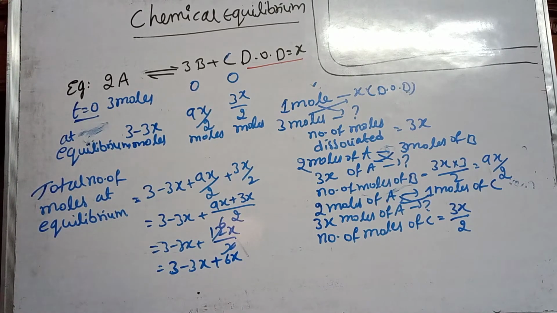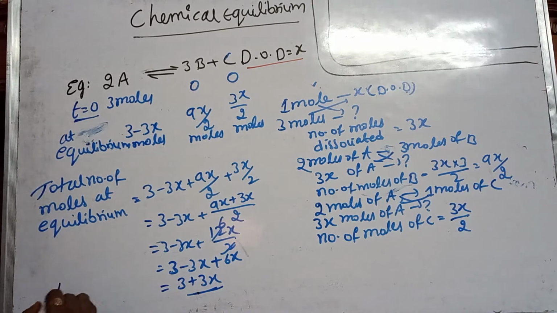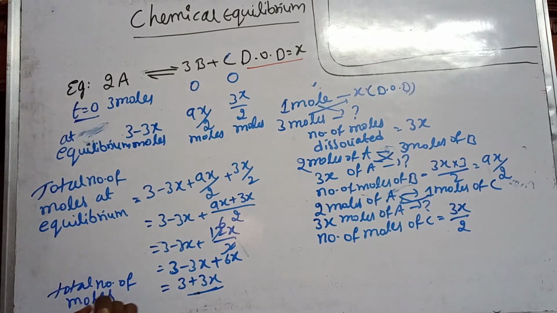So how much do we get here? Minus 3x plus 6x is plus 3x. So 3 plus 3x, isn't it? Therefore the total number of moles at equilibrium is 3 plus 3x moles.